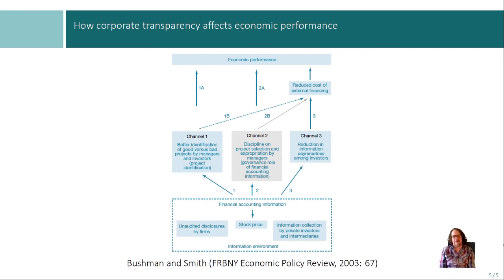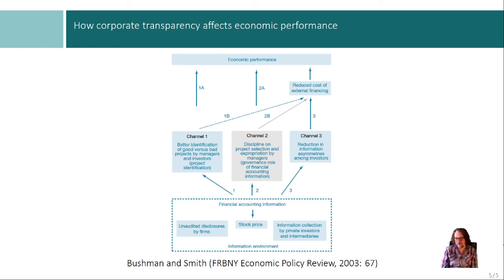And then you have these 3 channels. So the first channel is simply the idea that if you are better informed, you can make better resource allocation decisions. And this applies both to the manager, so to the firm itself. So if the firm has richer information about itself, it can make better informed decisions. Okay, and also to investors, right?